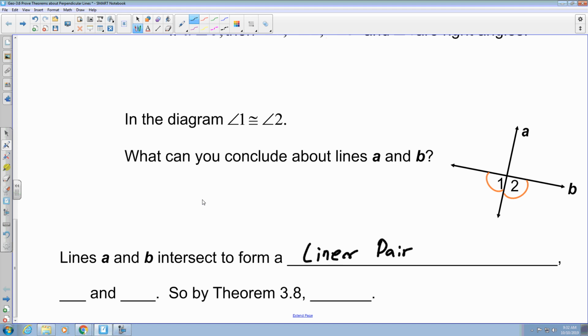So by theorem 3.8, which states that if two lines intersect to form a linear pair of congruent angles, the two lines are perpendicular, line A is perpendicular to line B.